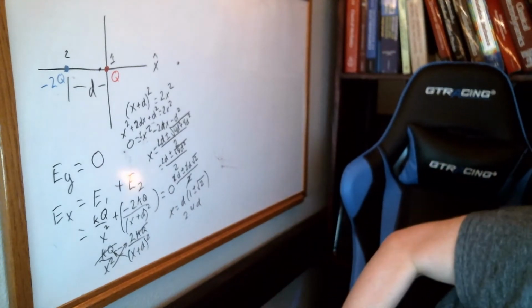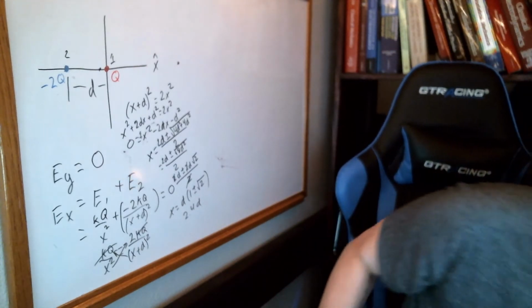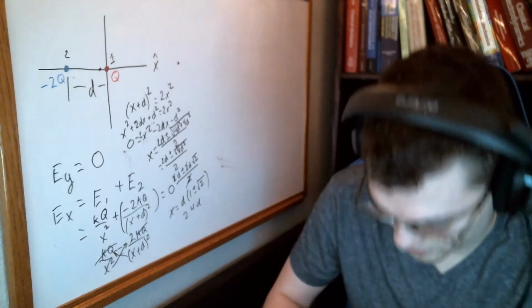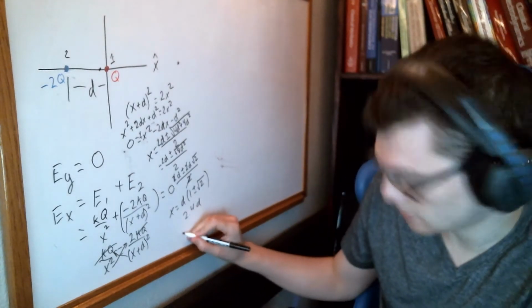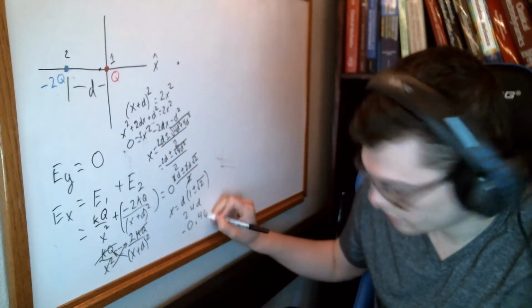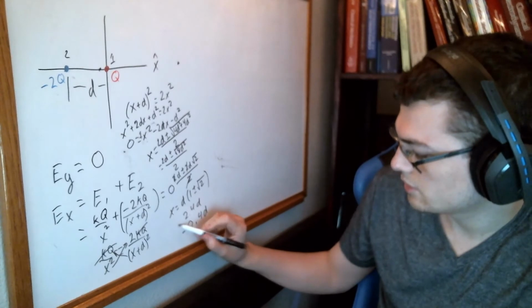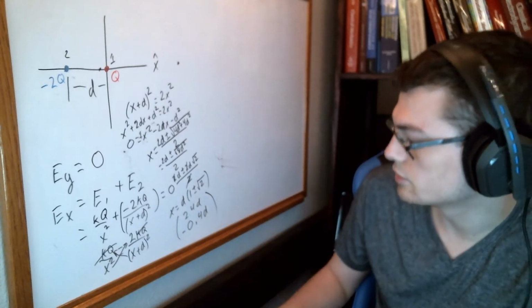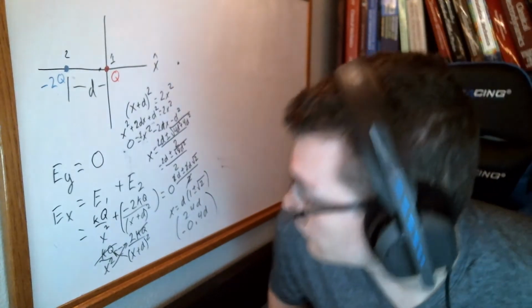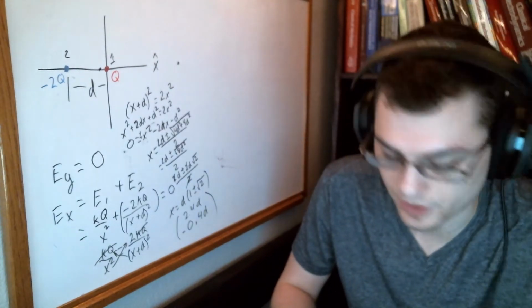First example done. Oh, and yep, this just tells me where the other one is. And so then the other one is going to be negative 0.4d. So these are your two answers on where the electric field here is going to be equal to 0.